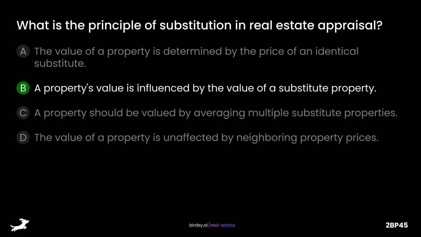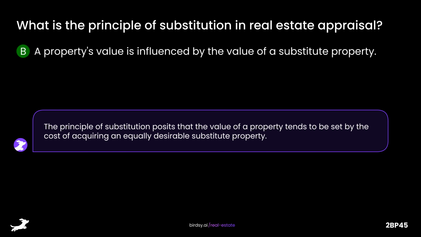The answer is B, a property's value is influenced by the value of a substitute property. The principle of substitution posits that the value of a property tends to be set by the cost of acquiring an equally desirable substitute property.